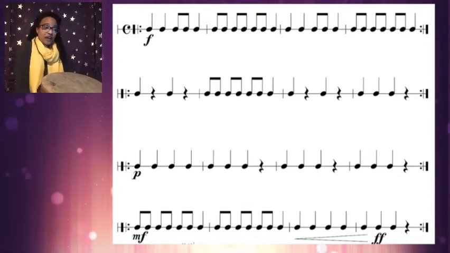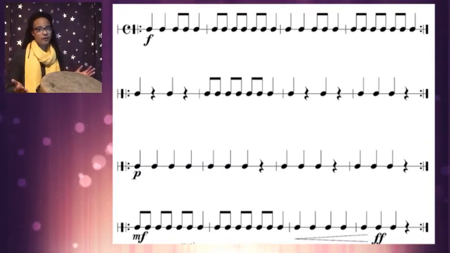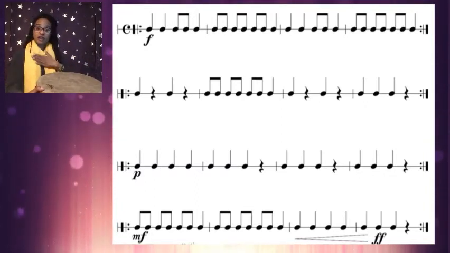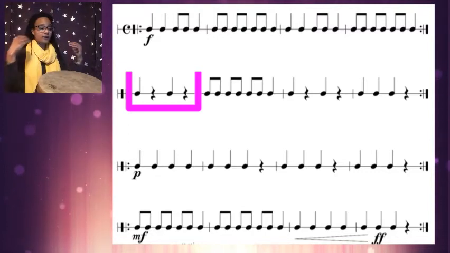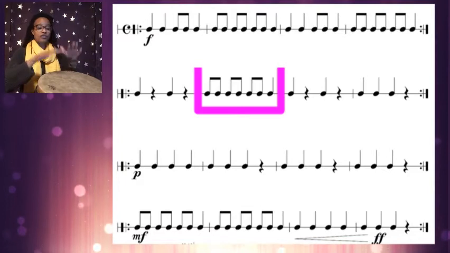Notice that we don't have any new dynamic markings, so this should still be loud. My turn first. Here I go. 1, 3. 1 and 2 and 3 and 4.